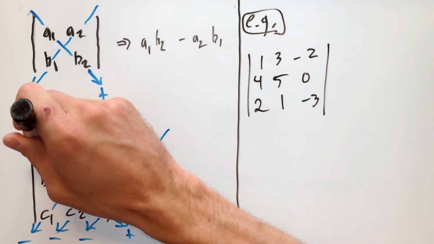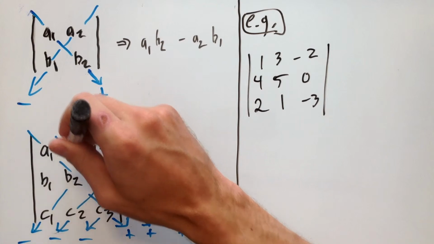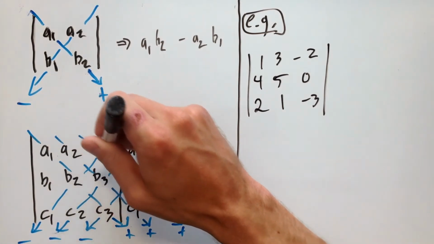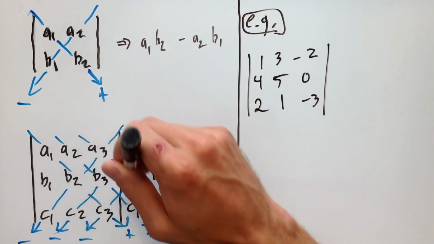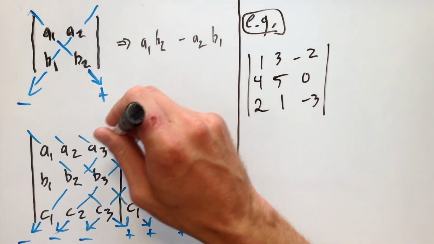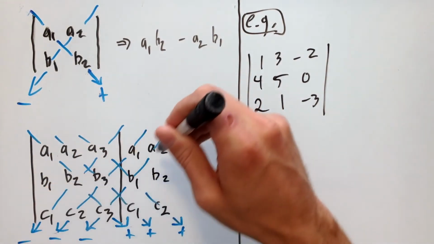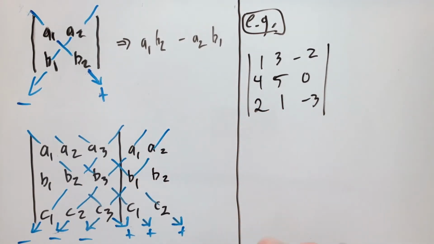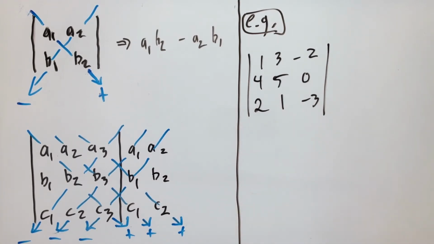We take the product of this diagonal and add that to the product of this diagonal, and then add it to the product of this diagonal. So A1, B2, C3 plus A2, B3, C1 plus A3, B1, C2. And then we subtract the product of this backward diagonal, A3, B2, C1, and then subtract this backward diagonal, and subtract this backward diagonal, and put it all together. And if you multiply out this definition and the prior definition, you'll see you get the same exact formula.